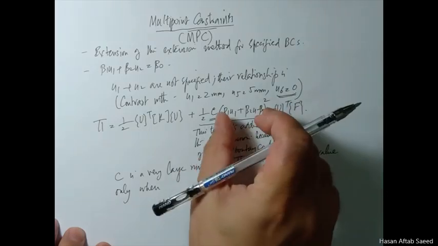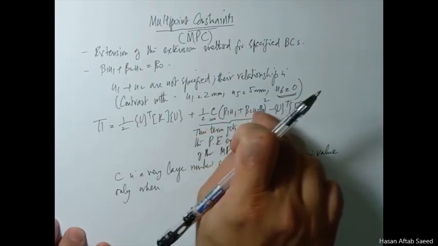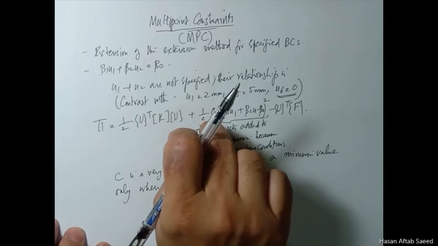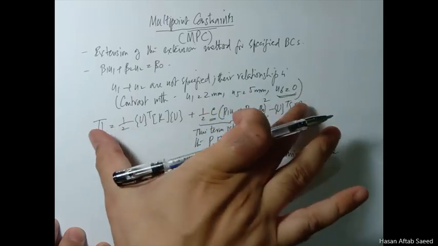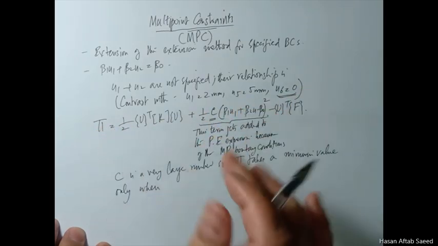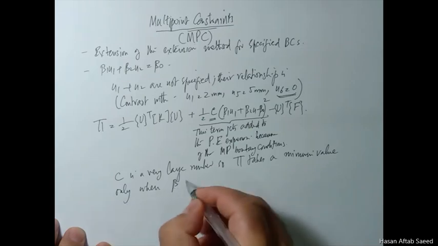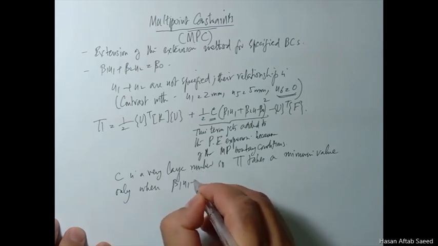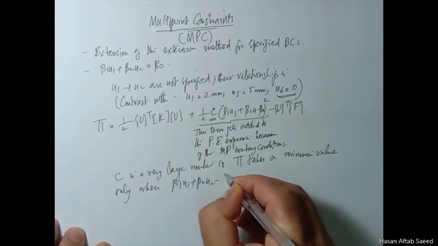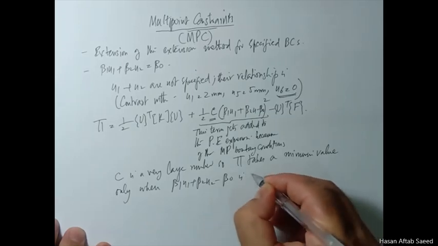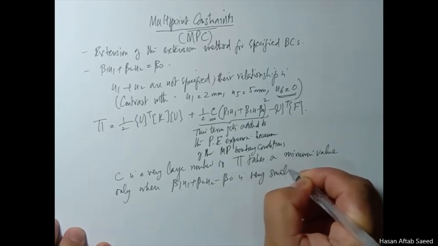This is very large, so this must be very small. When this expression becomes very small, then this takes the minimum value, and hence this whole expression takes the minimum value. That is when beta 1 u1 plus beta 2 u2 minus beta naught is very small.